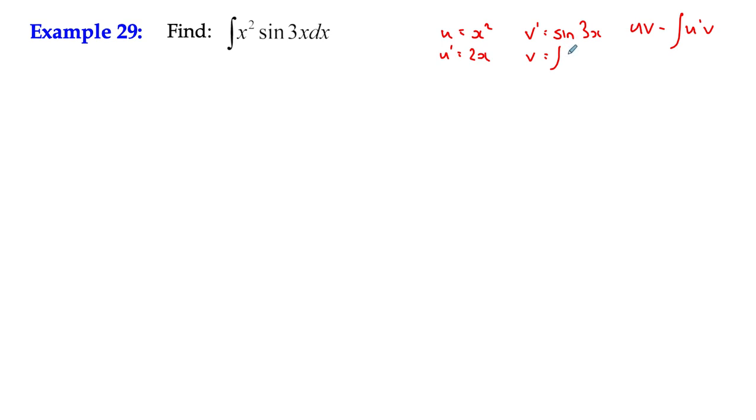So we need to integrate sine 3x with respect to x. Sine integrates to negative cos, so it's negative cos 3x divided by the derivative of 3x, which is 3, so we end up with negative a third cos 3x, plus c, of course, which we're not going to use at that point.